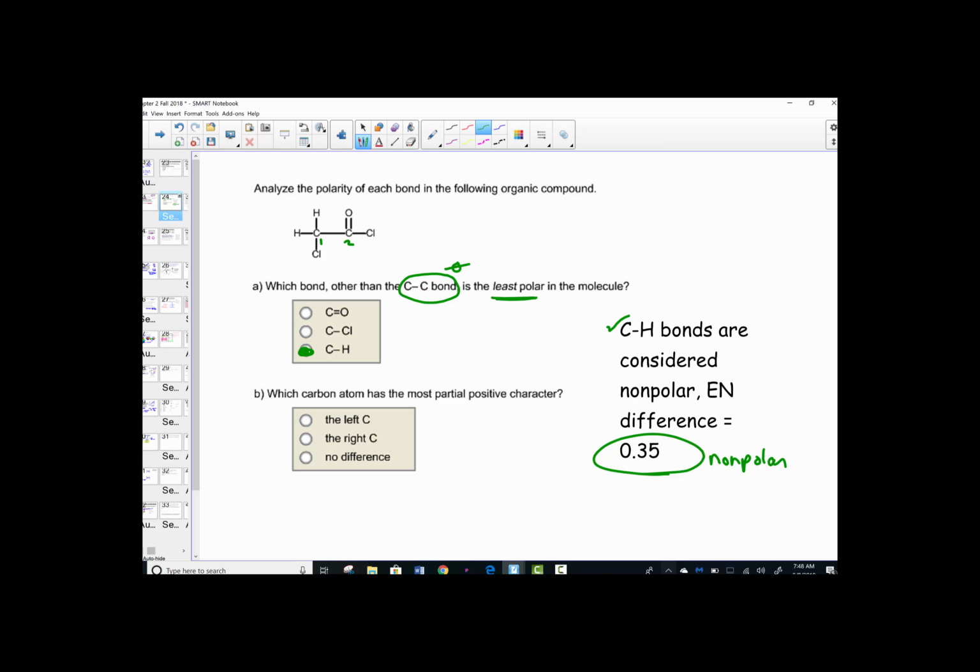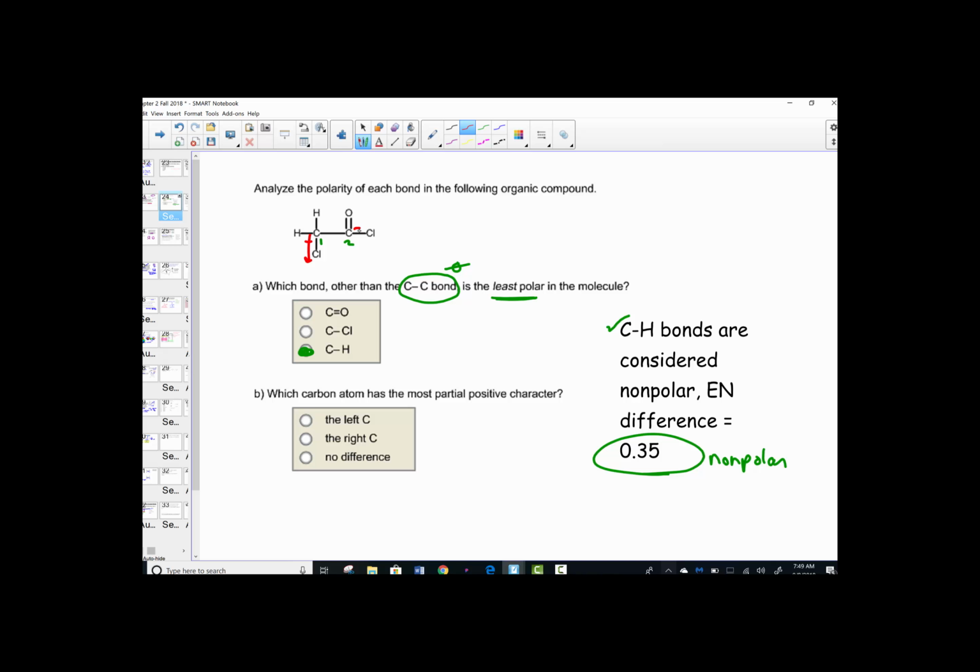Which carbon atom has the most partial positive charge? What we're being asked here is, considering what's attached to the carbons, who's pulling the electron density furthest away? Well, with carbon 1, the only vector quantity we have is the distribution of charge towards the chlorine. That's a polar bond. But C and H are not really unequal at all.